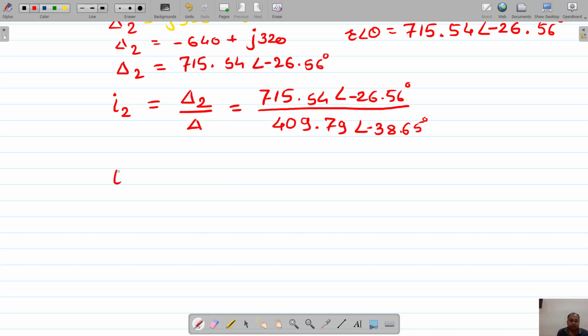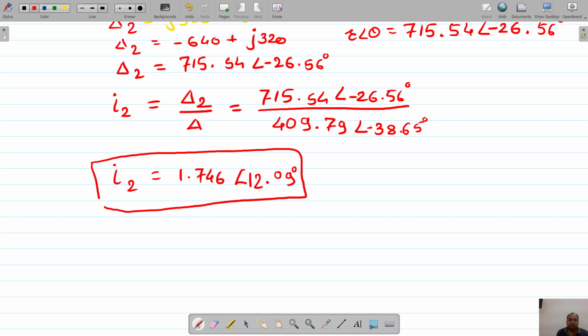So I2 is coming as 1.746, and the angle is going to get into the numerator and it is going to become minus value. So minus of minus is going to become plus. Therefore minus 26.56 added with 38.65 is coming as plus 12.09. So 12.09 is the value of the angle, and this is nothing but your I2 value.